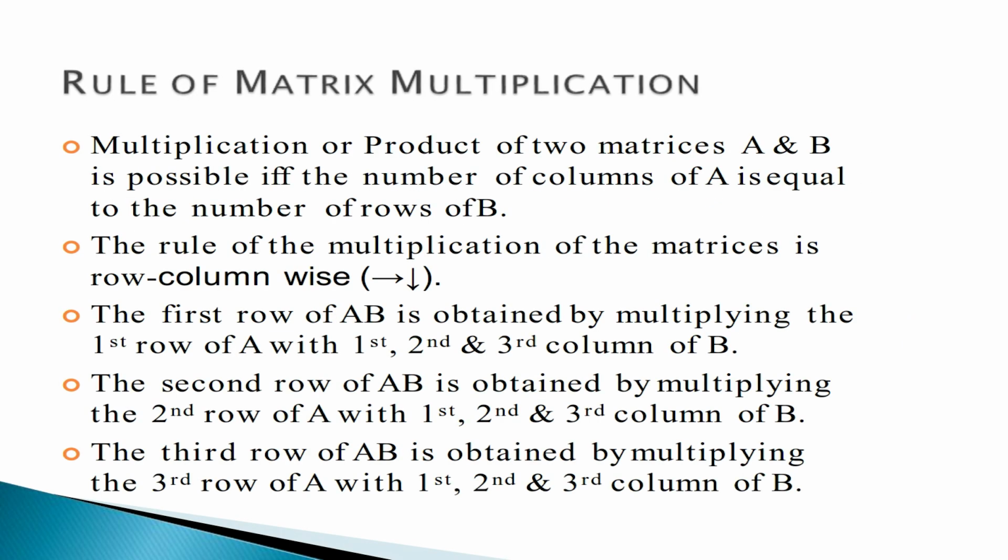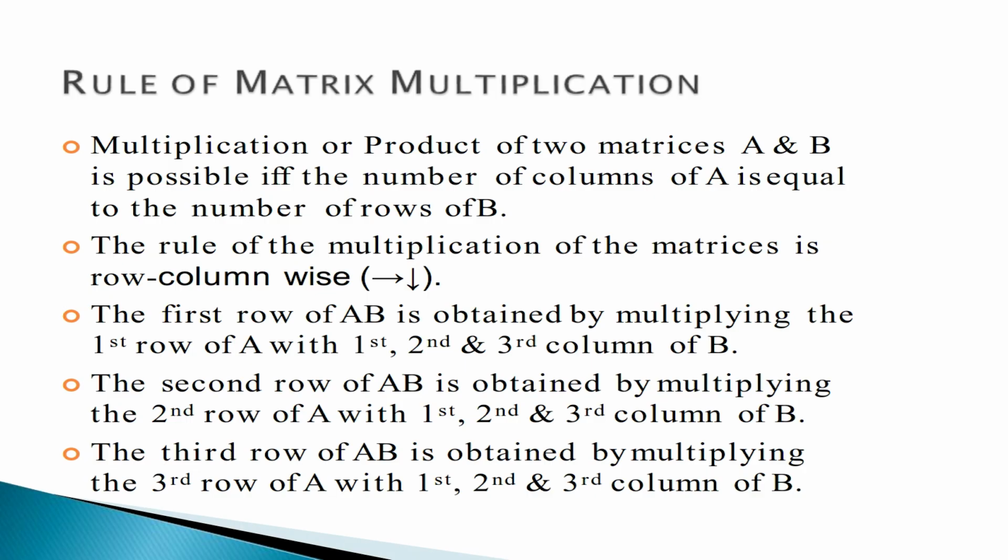Next are the rules of matrix multiplication. Matrix multiplication is possible whenever, as I have already told, the column of the first matrix is equal to the row of the second matrix. The multiplication is row by column wise.